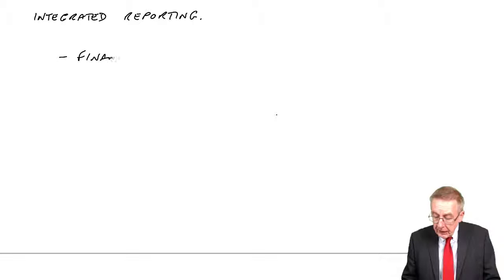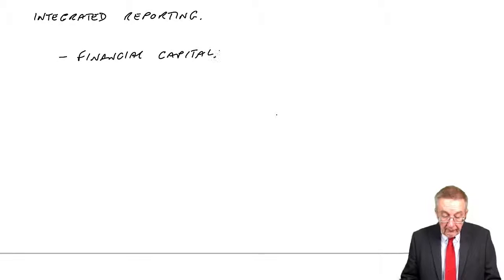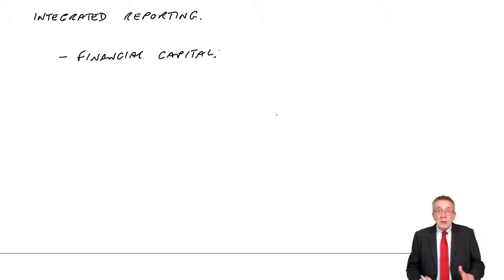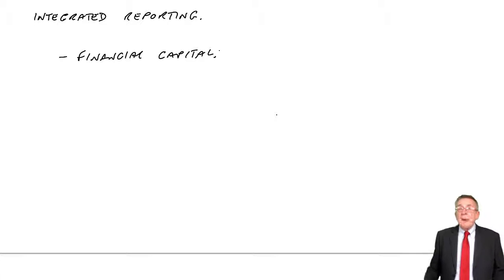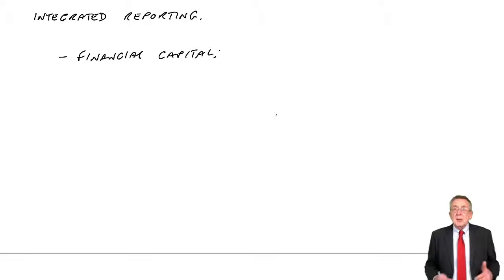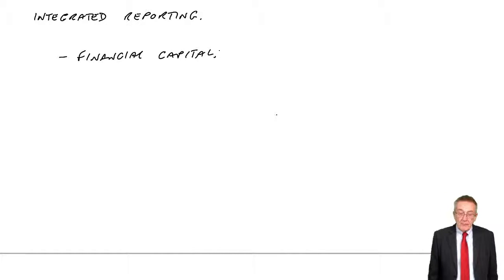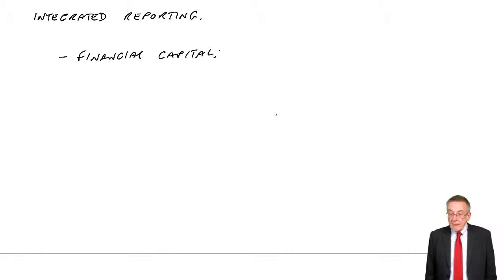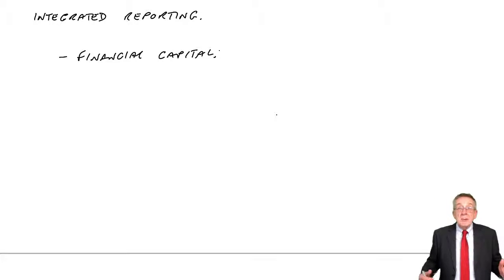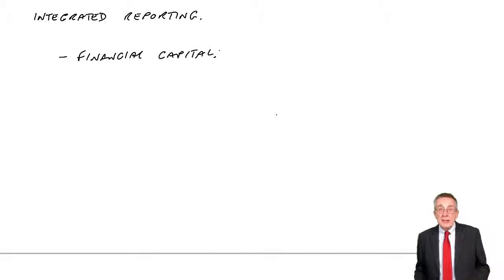There's financial capital, the obvious one. What we normally talk of as capital is the money they've raised to invest in the business, from shares, from loans, whatever. And obviously that's being used, hopefully, to improve the business, to create more value.